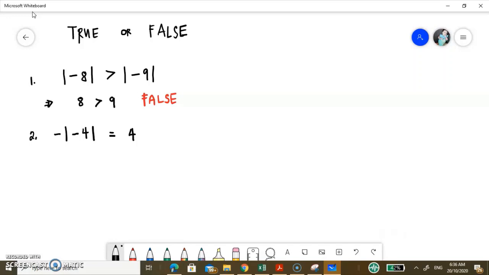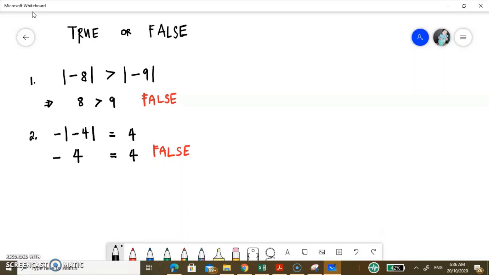So yung negative sign na nasa labas ng absolute value negative 4, eh, hindi yan mawawala. Diyan lang yan. Pero itong nasa loob, okay, so you'd remove the vertical bars, you remove the negative sign of 4, what's left would be 4. Okay? Pero may negative sa labas. So, ibig sabihin, negative 4 pa din siya. So, negative 4 is equal to 4. Is this true or false? So, this is false, of course.